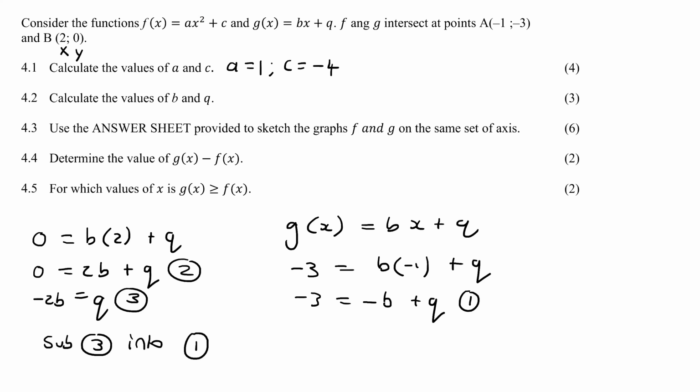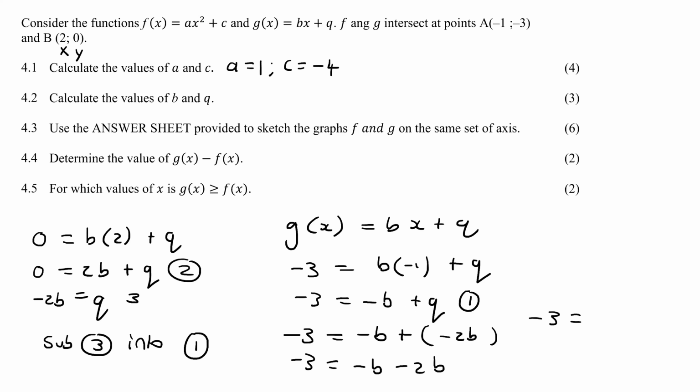So remember, it says here that q is minus 2b. So wherever I see a q, I'm going to replace it with minus 2b, because q is minus 2b. And so now we end up with a positive and a negative next to each other, so that becomes a negative. And so we end up with negative 3 equals negative 3b.